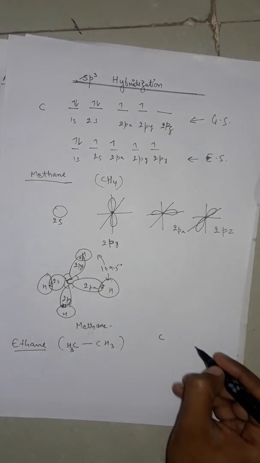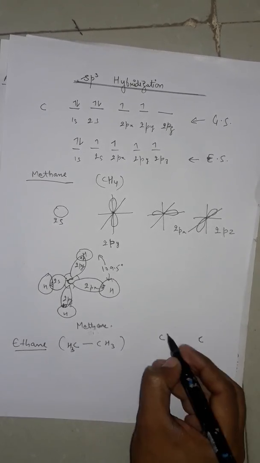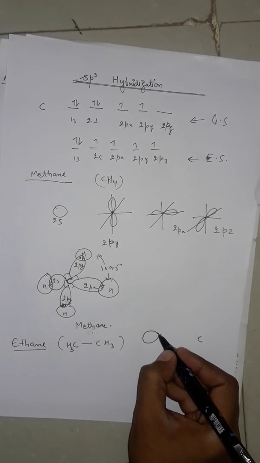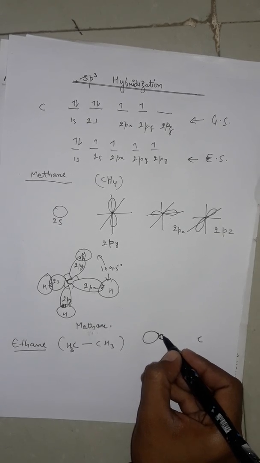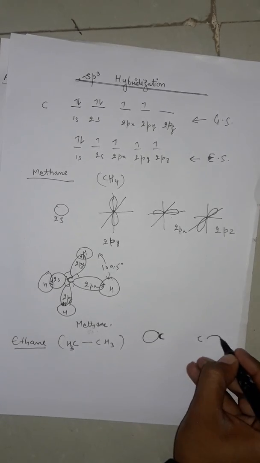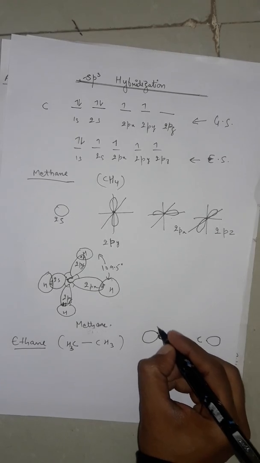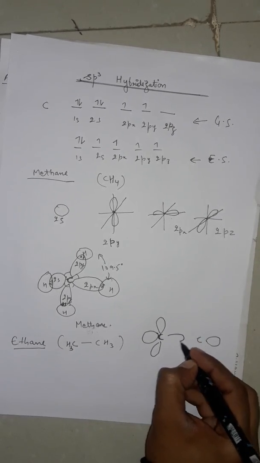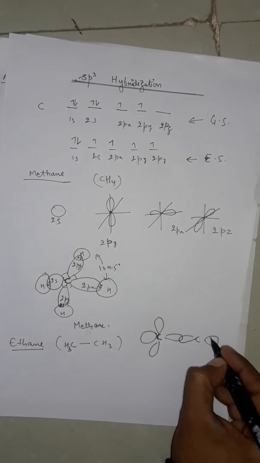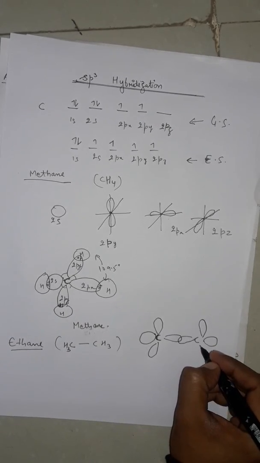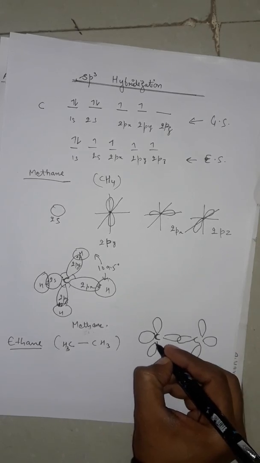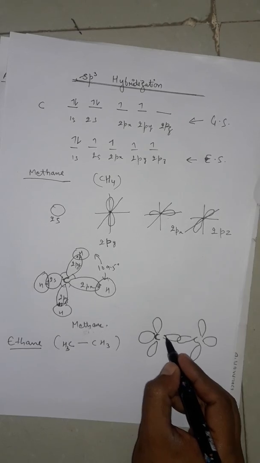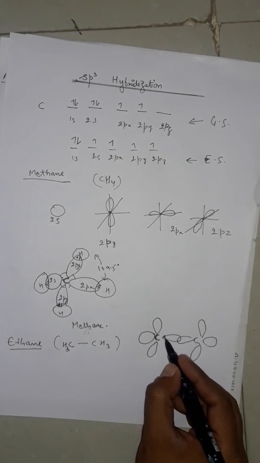This is a carbon atom, this is a carbon atom, 2 carbon atoms, and this is the s orbital of this carbon, this is the s orbital of this carbon, and here is 1p, here is 1p, and here is 1p. You can clearly see that this is the sigma bond. This is not a pi bond because it is sidewise.